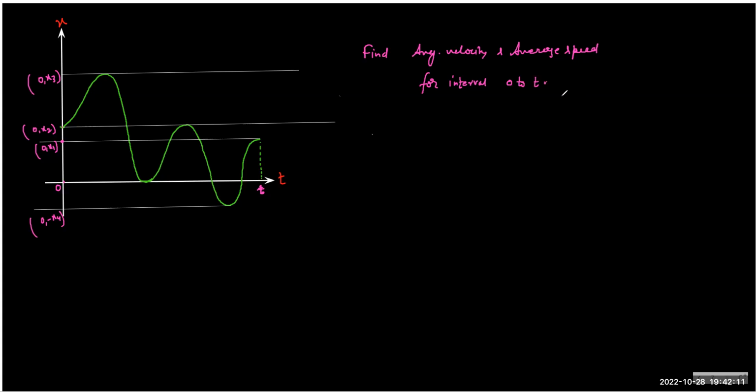Okay, so the question is find the average velocity and average speed for the interval 0 to capital T. So you know the definition of average velocity and average speed, right? These lines I have drawn for your understanding.